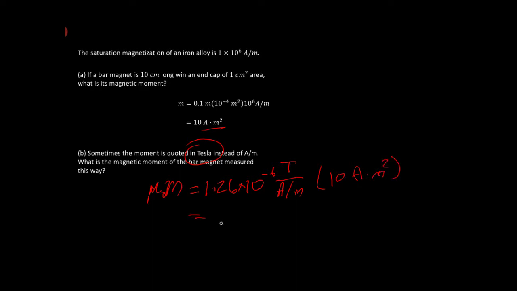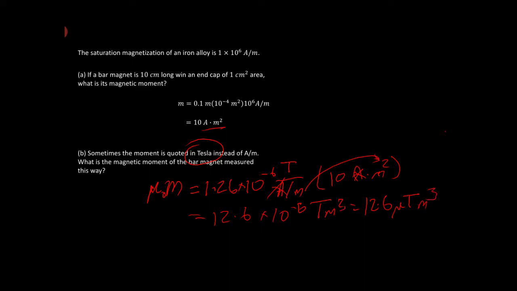Okay, so that just means we have 12.6 times 10 to the minus 6. We get rid of an ampere. We have an extra meter, so 1 over m is equal to m, so that gives us Tesla meters squared. So that's 12.6 microtesla meters cubed.